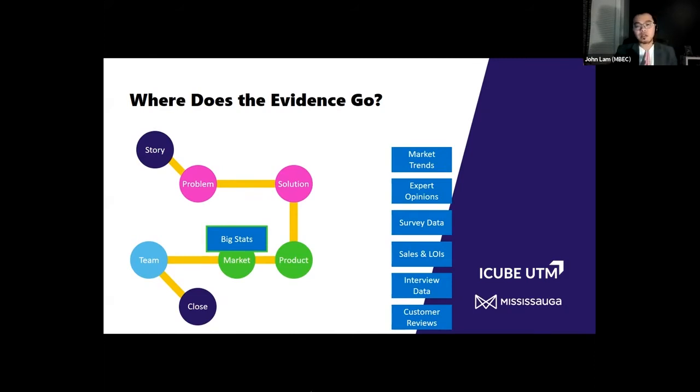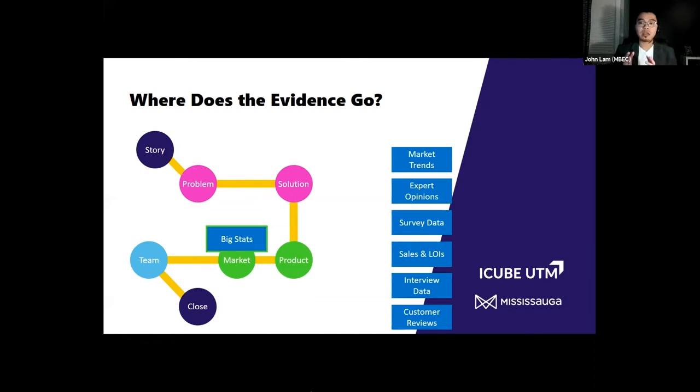And that's why it fits into the market, because it leads into some other things. Talking about the market opportunity. If you talk about big stats, it might fit in the problem if you say, hey, look, there are 10 million people who are facing this particular problem. Yeah, it can fit there as well. Where I see it most fitting is really the market.